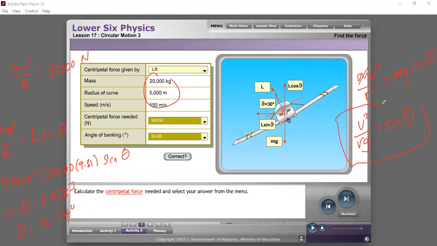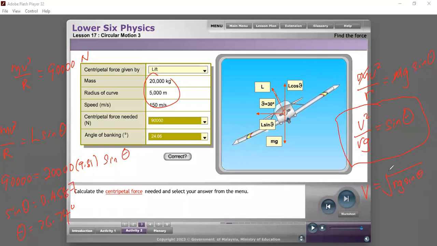This will be the formula used. So the speed of the aeroplane depends on the r, and depends on the angle. If we want to find the speed of the aeroplane that's turning, it will be v equal to square root of rg sin delta.